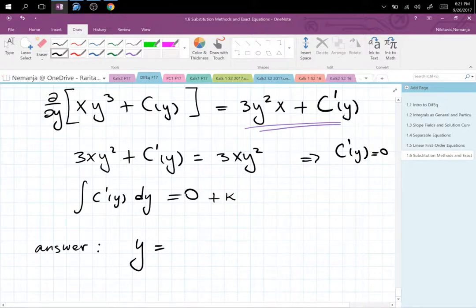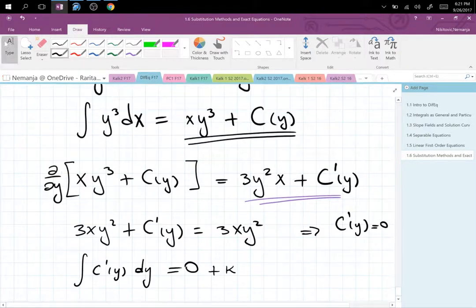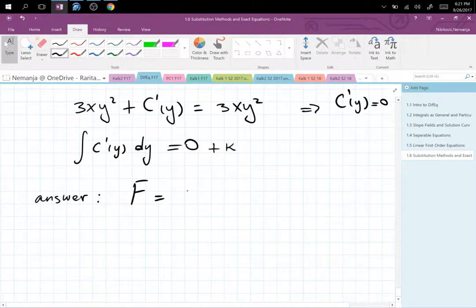The integral of 0 is 0, and then you have plus some constant, I'll put k. We're integrating both sides of that. So the solution f is equal to xy cubed plus some constant k. That's the solution.